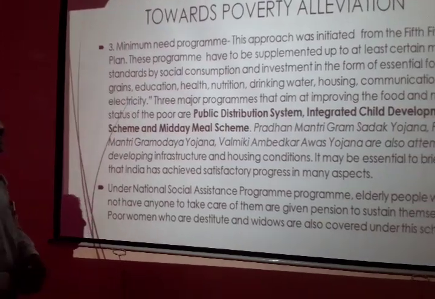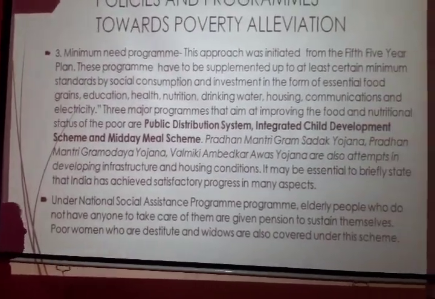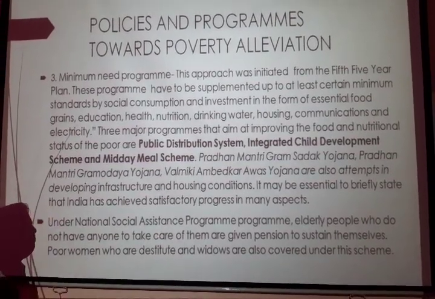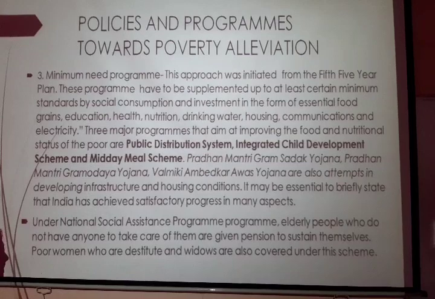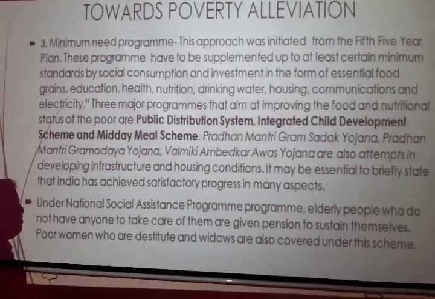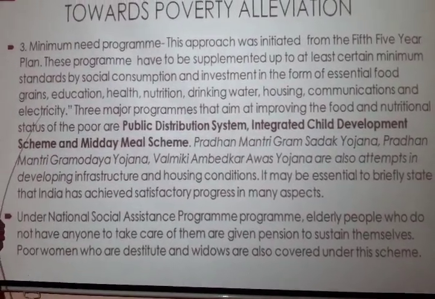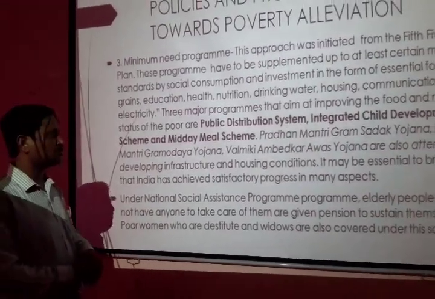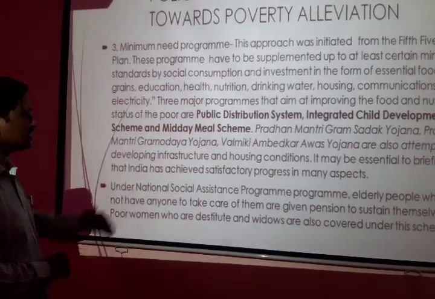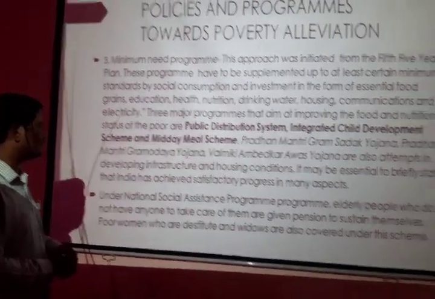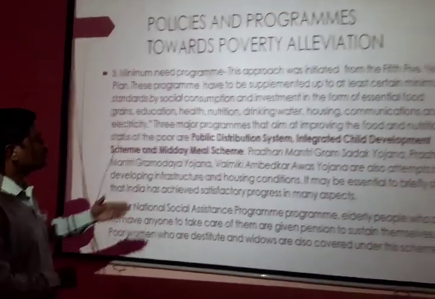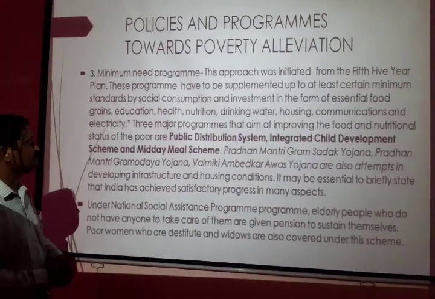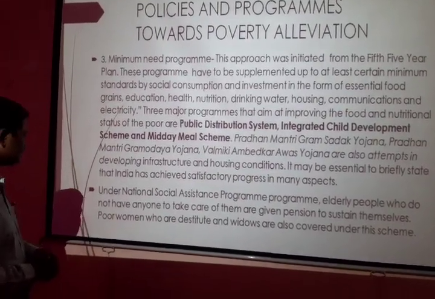Likewise, several other programs are also implemented. Pradhan Mantri Gram Sadak Yojana, Pradhan Mantri Gramodaya Yojana and Valmiki Ambedkar Awas Yojana are attempts at developing infrastructure and housing conditions. In some yojanas they construct and provide houses. Different programs are initiated by the government to improve people's conditions by meeting social consumption needs.